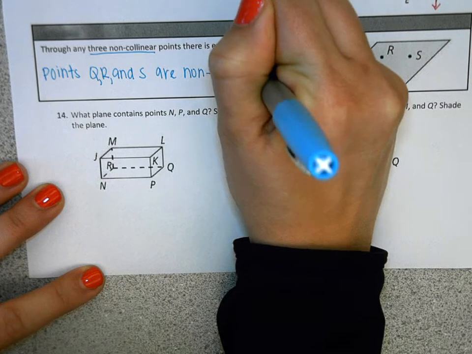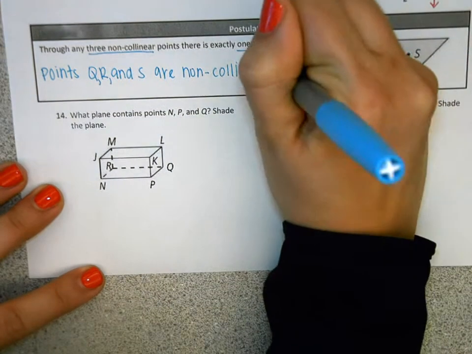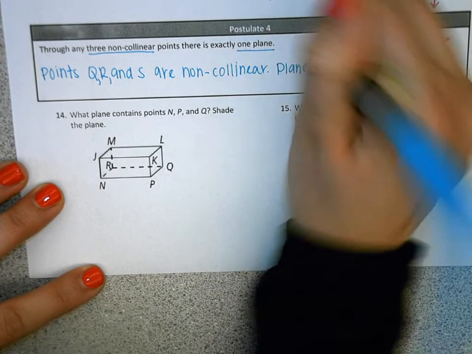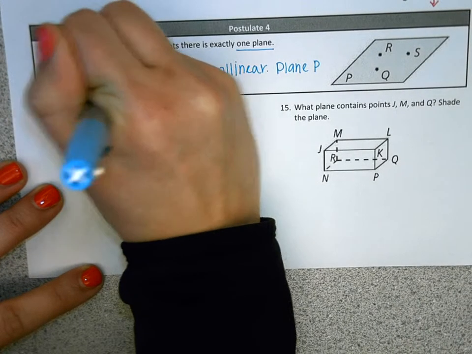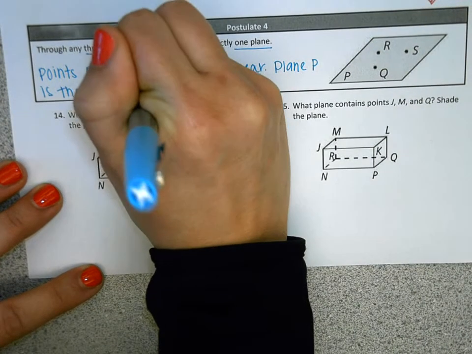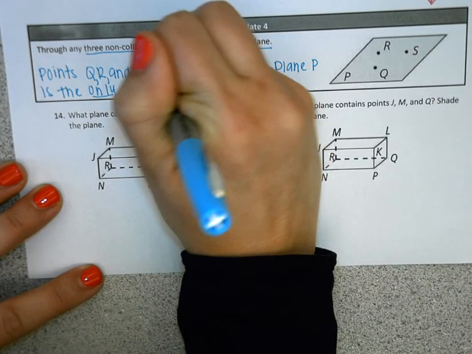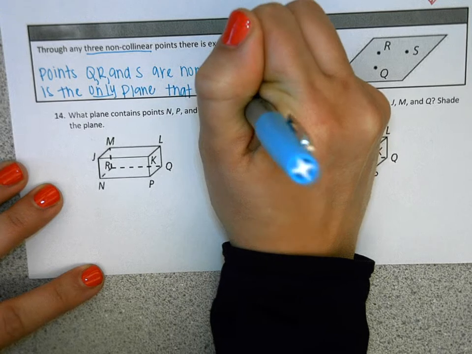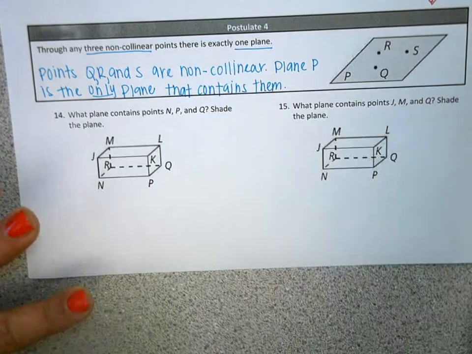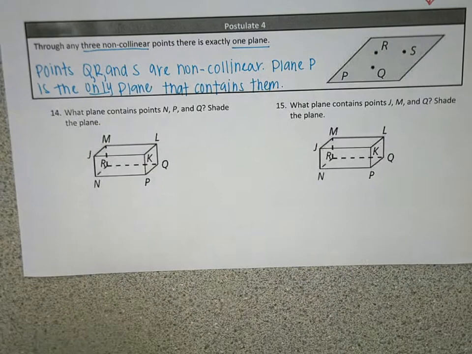Plane P is the only plane that contains them. So basically what this is saying is the exact same thing as postulate 1. If I give you 3 points, there's only 1 plane that contains those 3 unique points. There's no other plane that has those 3 points only. Okay?